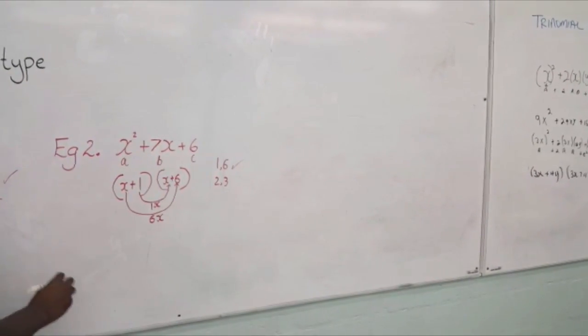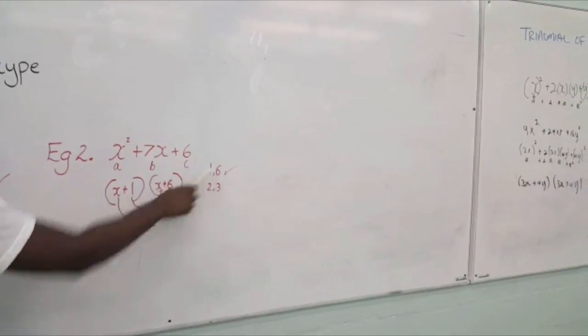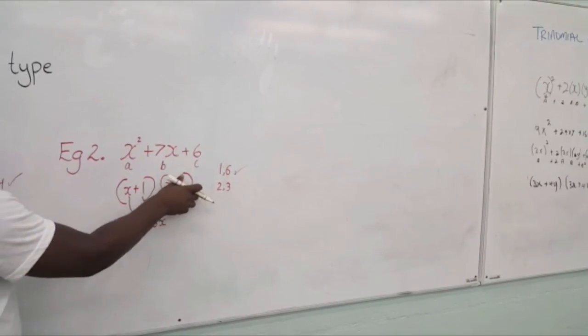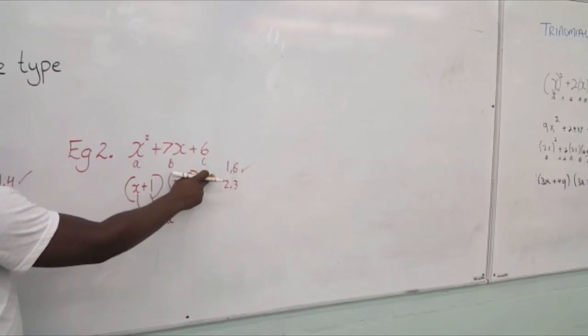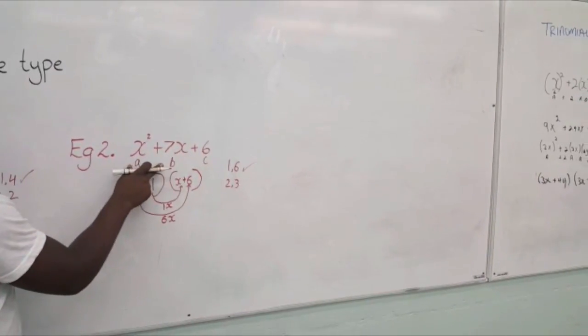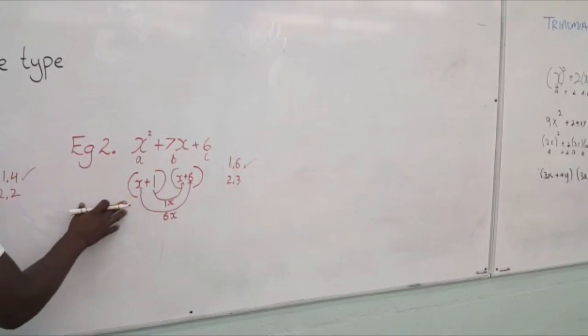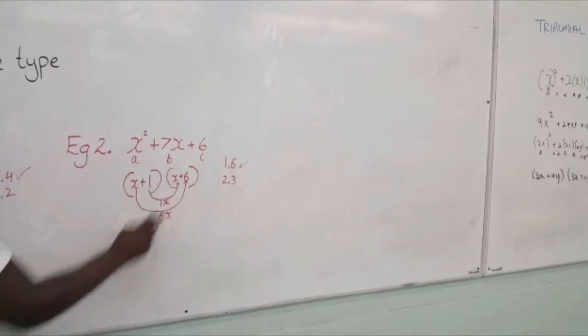Example 2 now, x to the power 2 plus 7x plus 6. Like the previous example, I find the factors of c, which are 1, 6, 2, 3. And like the step before, I use the factors of c to sum up to b, which I use 1 and 6, and then I put them into 2 binomial brackets, x plus 1, x plus 6.